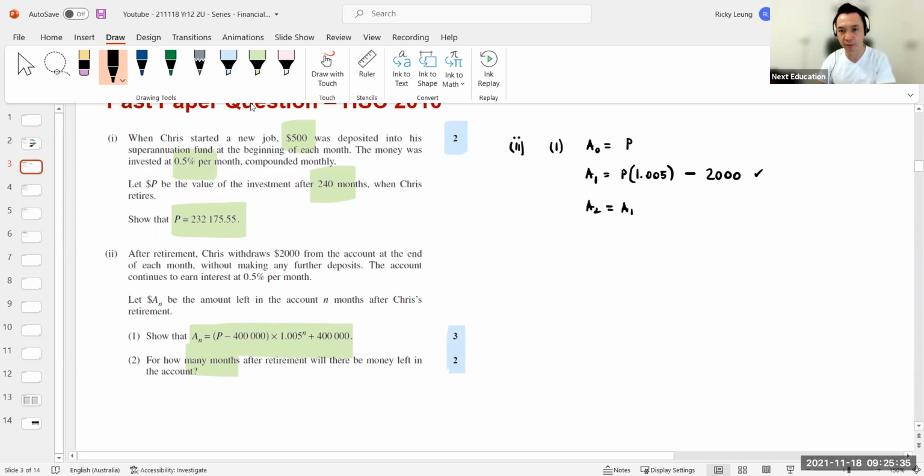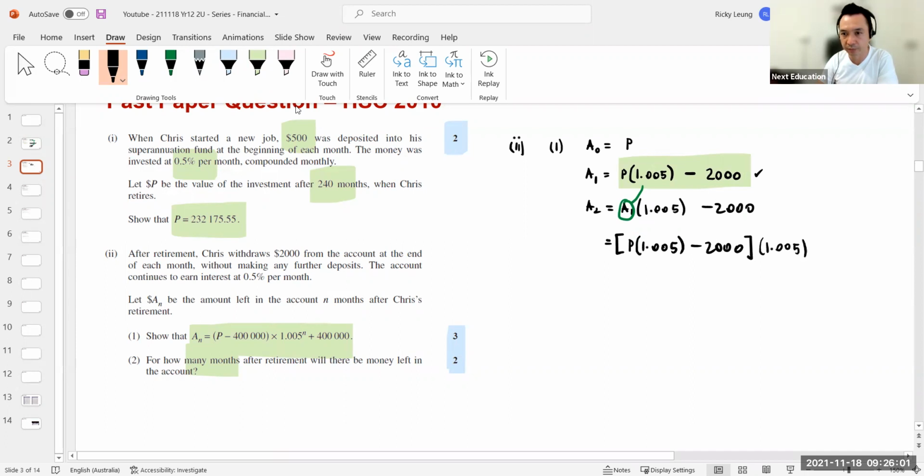Once again, I'm on autopilot mode here. A1, we don't need that square bracket yet. Times 1.005 minus another lot of 2,000. This guy gets substituted into this value. Then I start doing my substitution and expansion to get what I want.